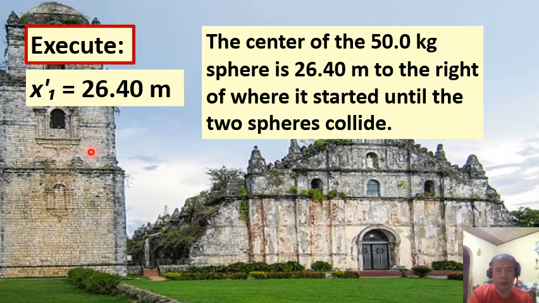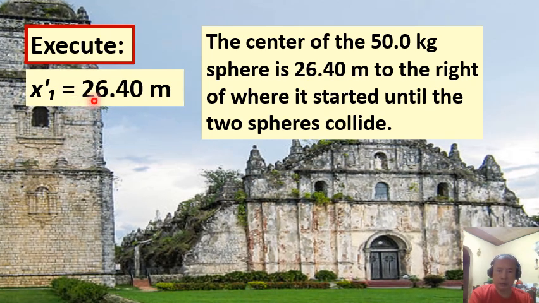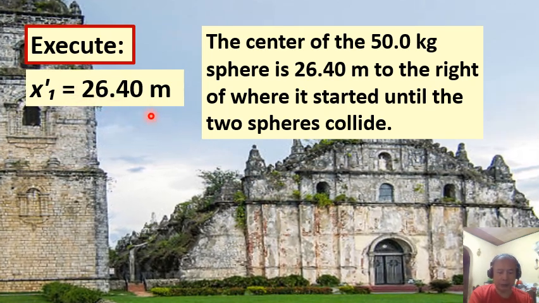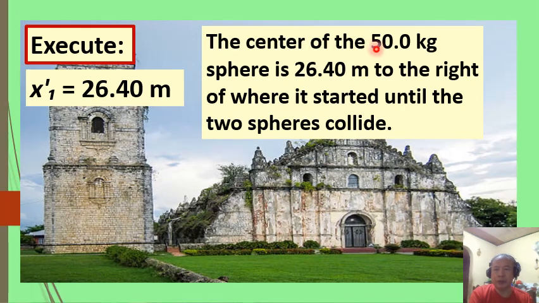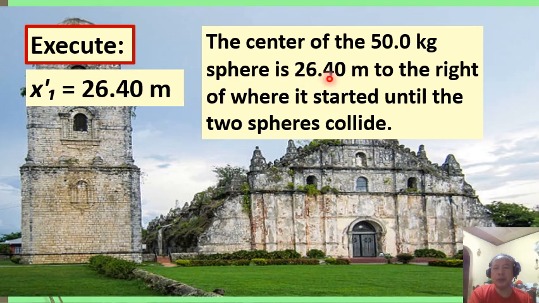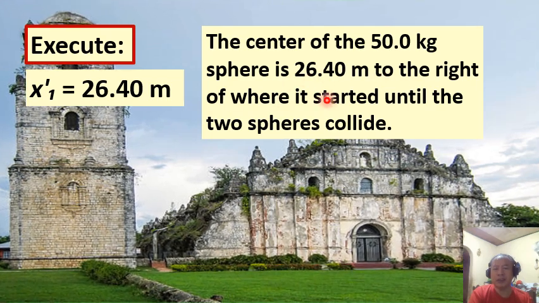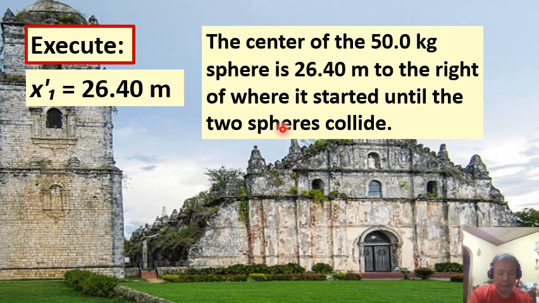The distance x prime 1 equal to 26.4 meters simply means that the center of the 50.0 kilogram sphere is 26.4 meters to the right of where it started until the two spheres collide.